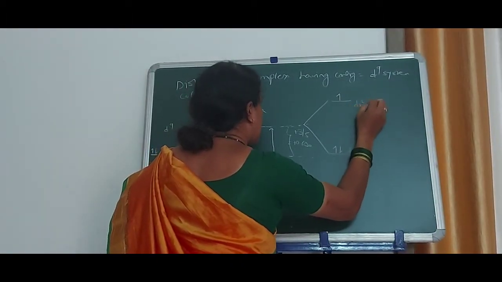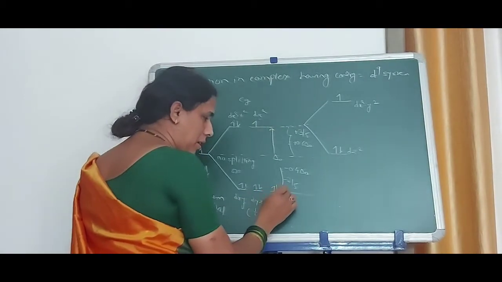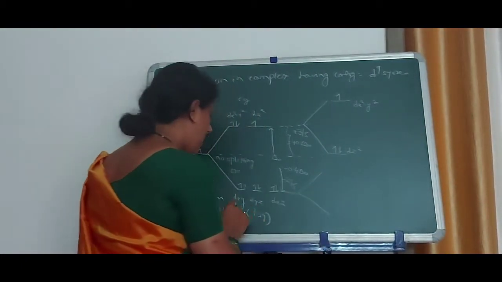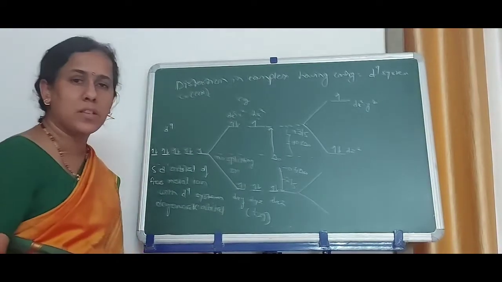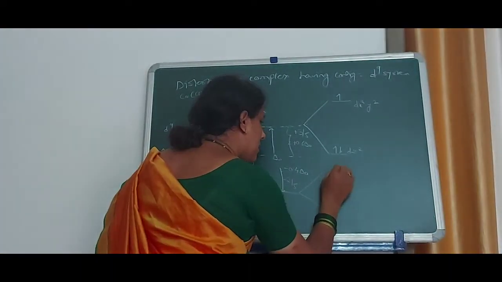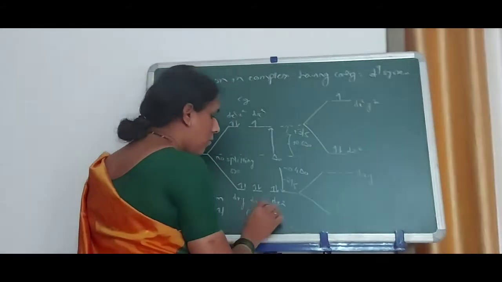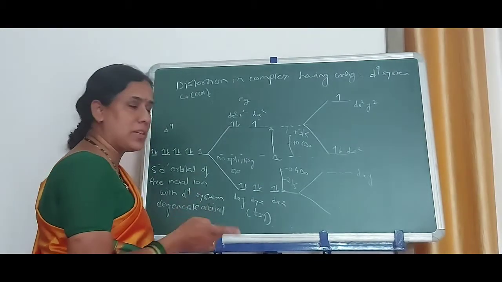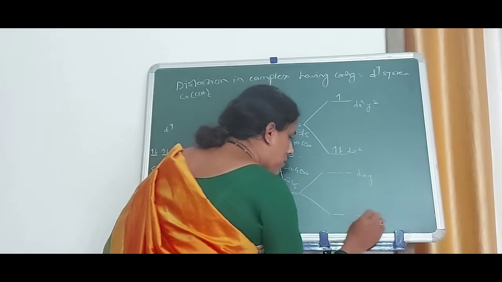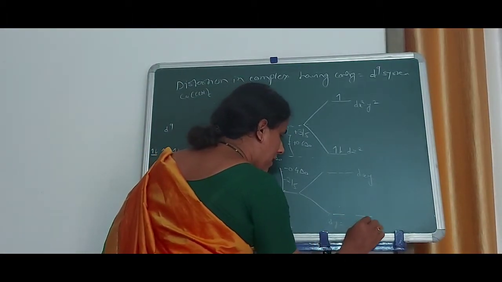Also here is the splitting of the T2g orbitals in this sequence: which orbital experiences more repulsion? That is dxy. Therefore this lies here, dxy, which is located in between the axes. The other orbitals are the same, therefore they experience less repulsion, that is dyz and dxz.